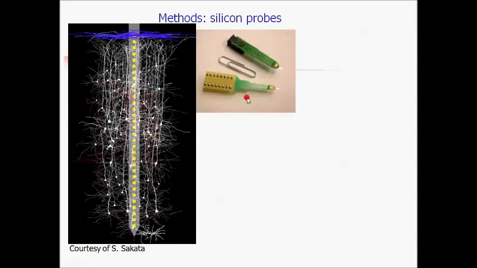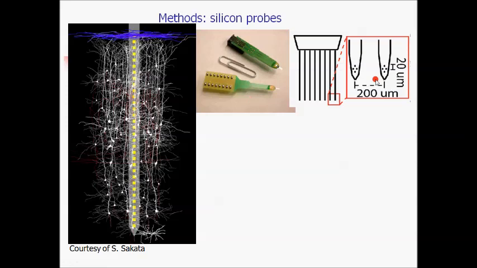And this is a picture of a typical silicon probe. Silicon probes can also have different configurations. They can have multiple chunks, like up to 8 chunks, and on each chunk you have this tetrode configuration.